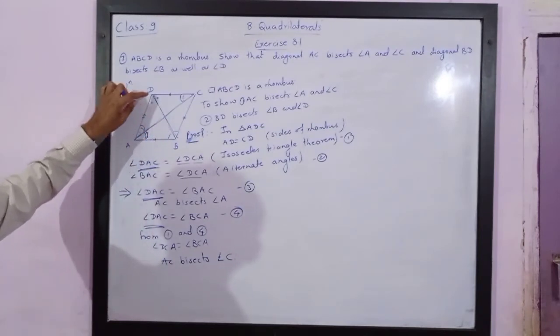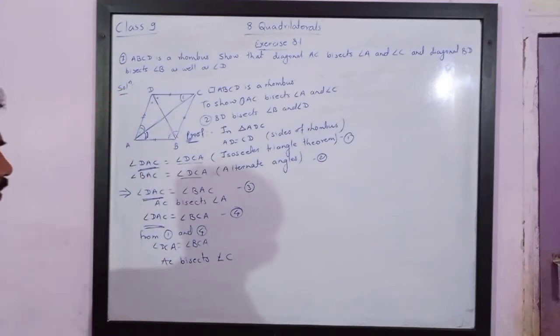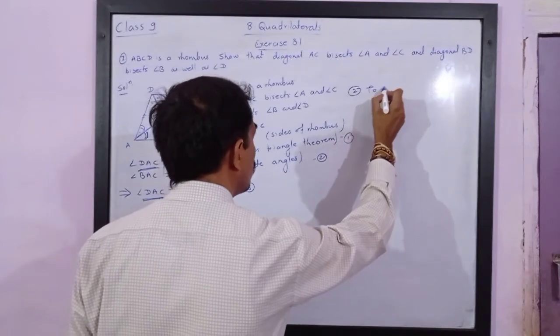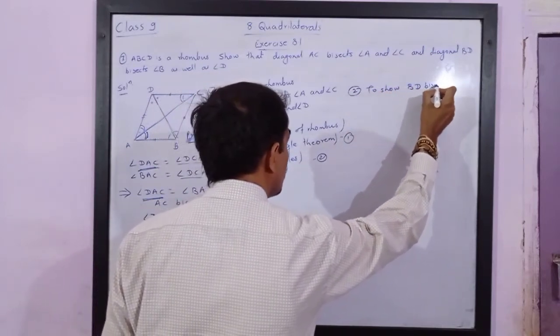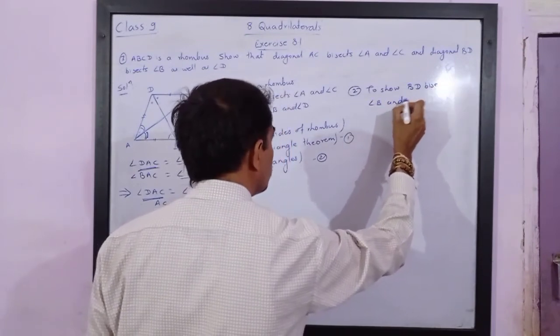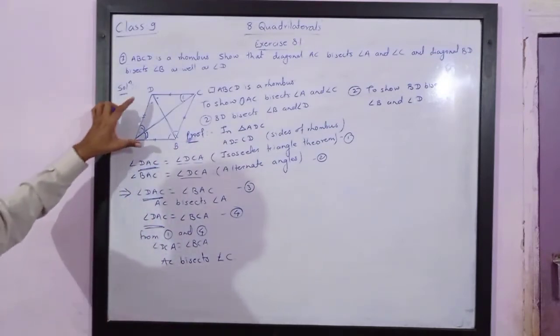Consider triangle BAD. So second part, to show BD bisects angle B and angle D. Now for this we are going to consider this triangle.